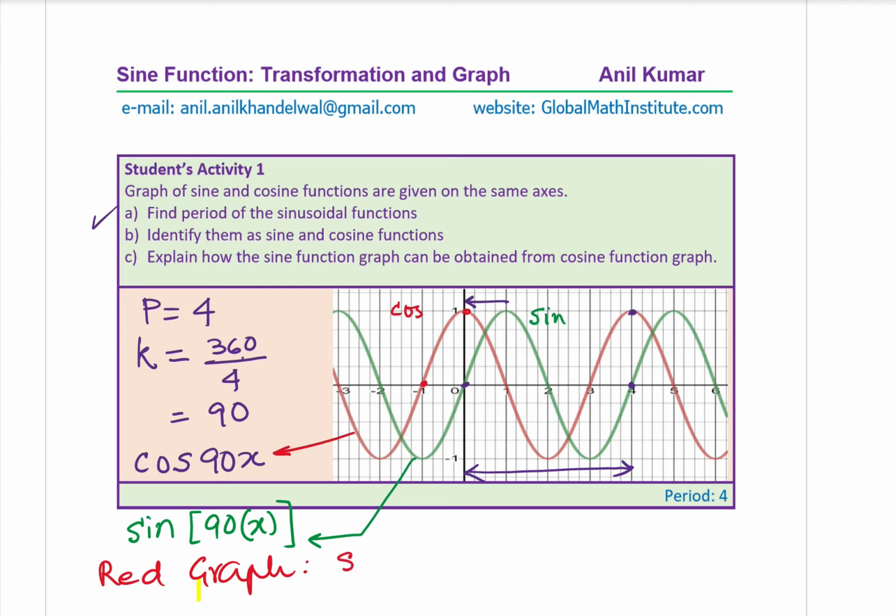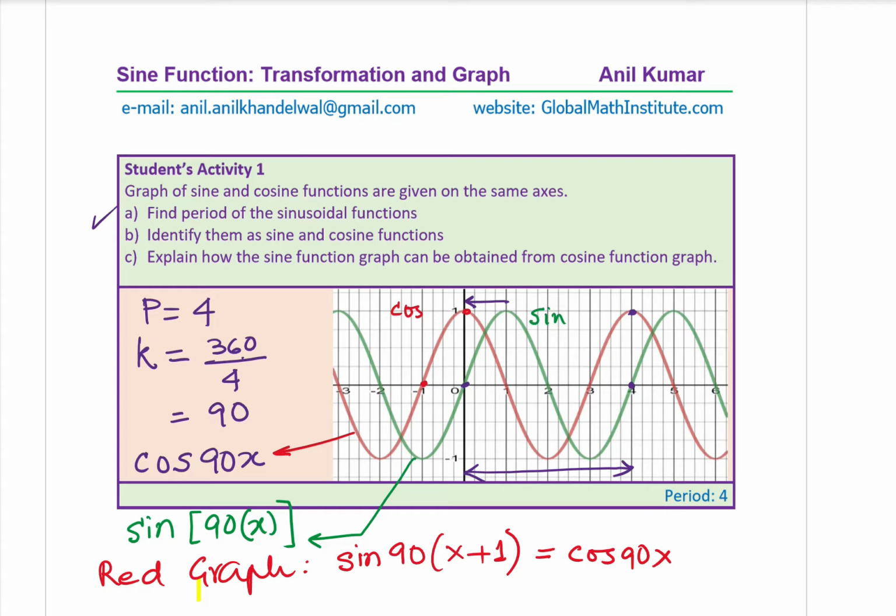So it will be written as sine of 90x plus quarter of the cycle, and dividing this by quarter we get 1. So that becomes the equivalent function. This is equal to cos of 90x. Does that make sense? So that is the equation of the graph, which is red in color.